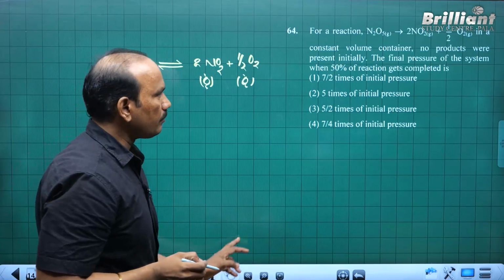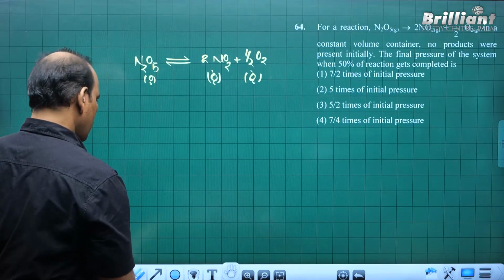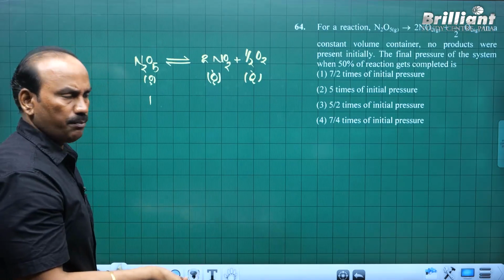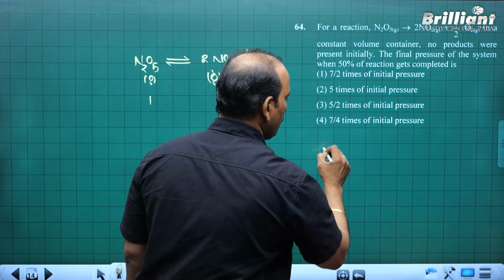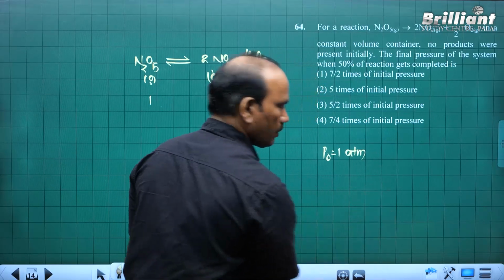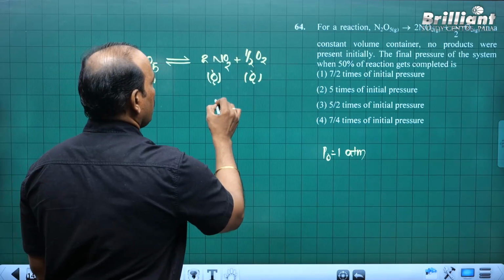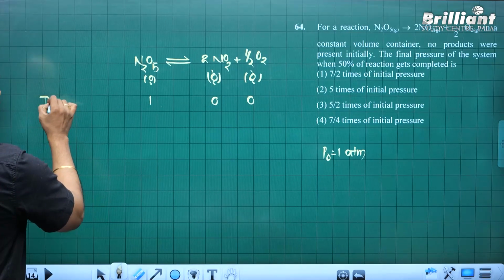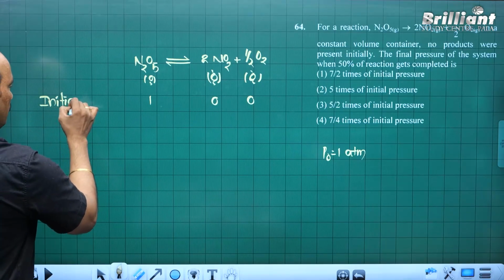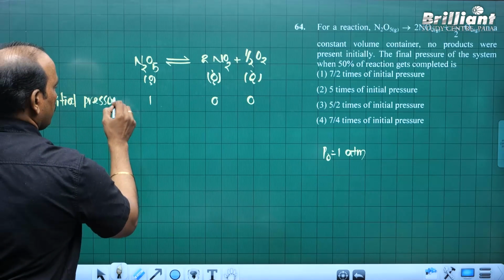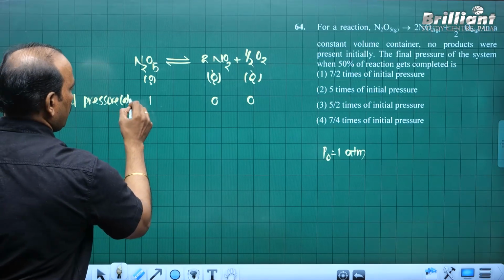Now I am taking the initial pressure P0 equal to 1 atm. Then 0, 0 initial pressure in atm.